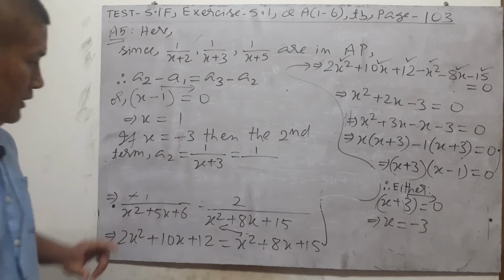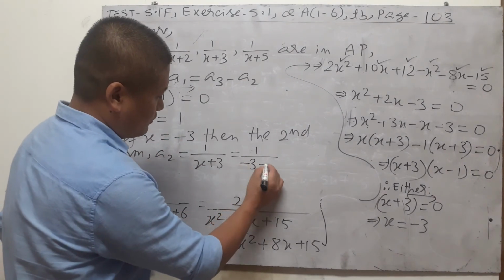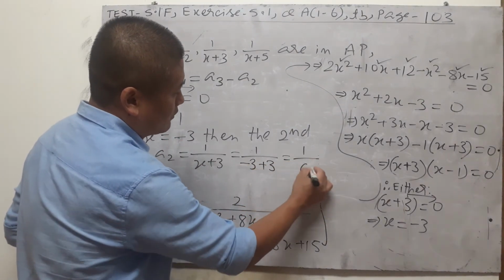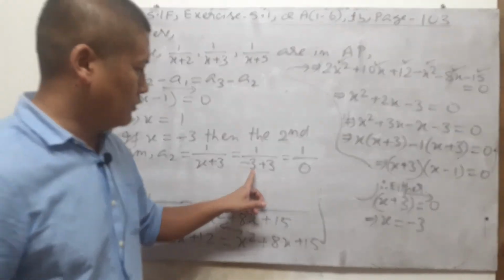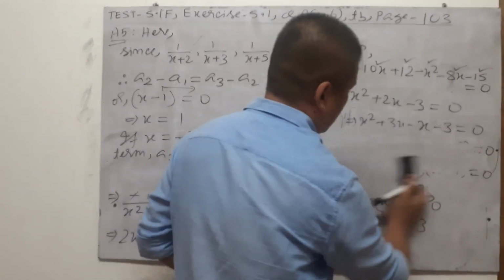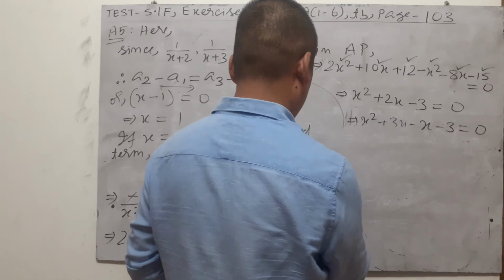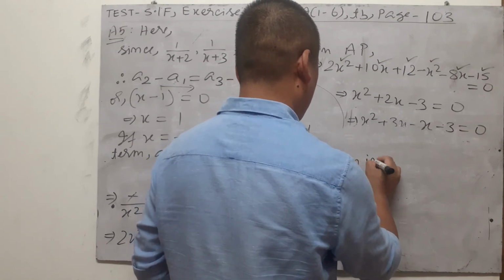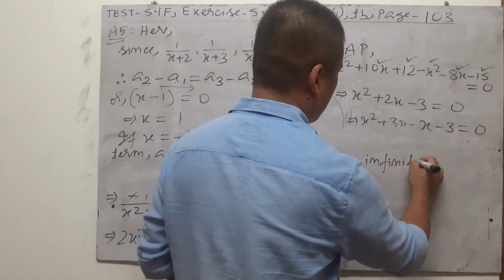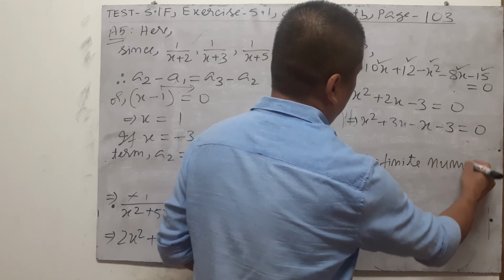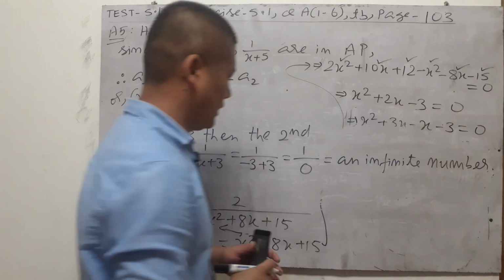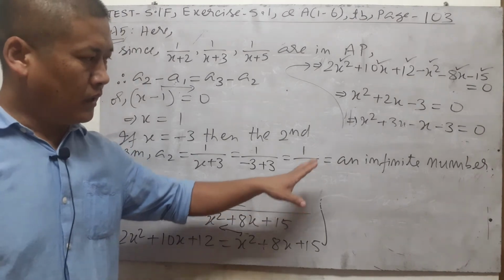If we were to take minus 3, then we replace this x by minus 3 plus 3, so it will be 1 by 0, okay, which will be equal to an infinite number, because anything divided by 0 is an infinite number.